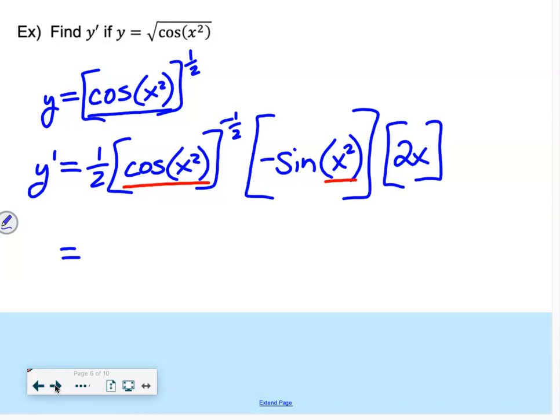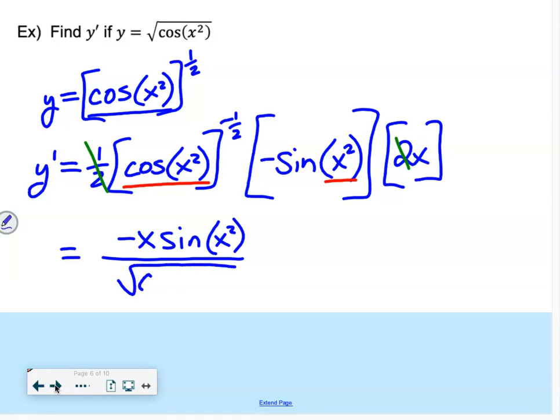So let's see what's on top. This 2 and this half can cancel each other out. So what's left on top would be negative x sine x squared, and then on the bottom you would have the square root of cosine x squared.